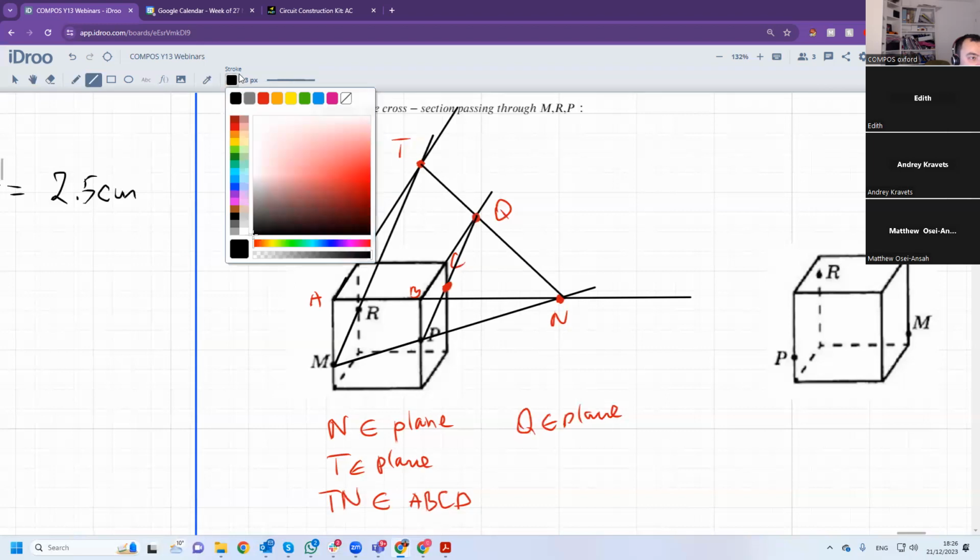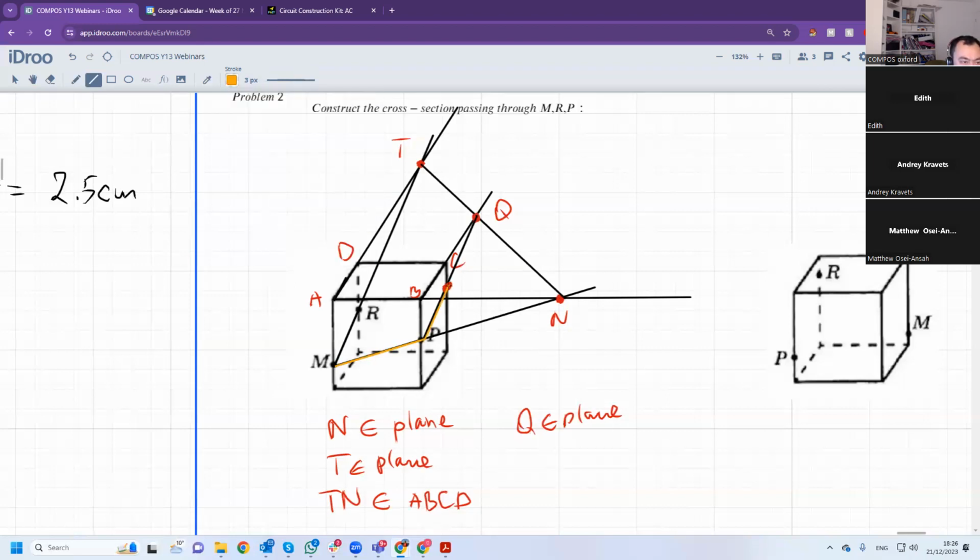And then you can just take a nice color and draw the cross section. Okay, so this is the cross section.